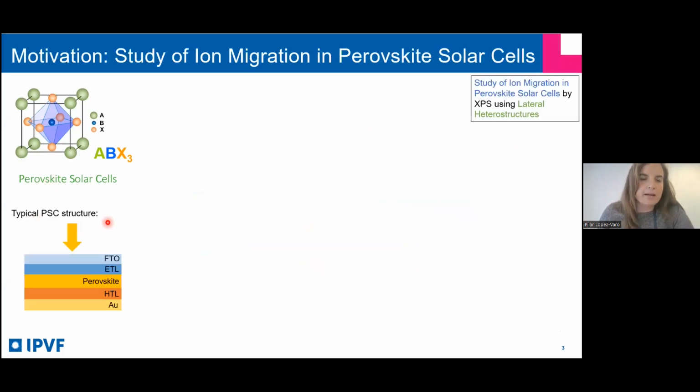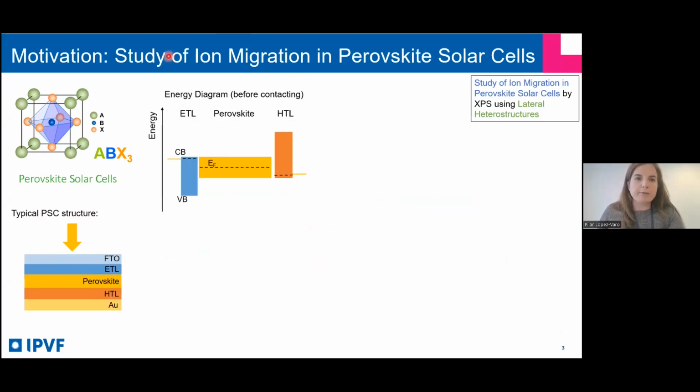Here I present a typical perovskite solar cell structure, in which we have the transport oxide, then the electron transport layer, the perovskite, the hole transport layer, and the contact.